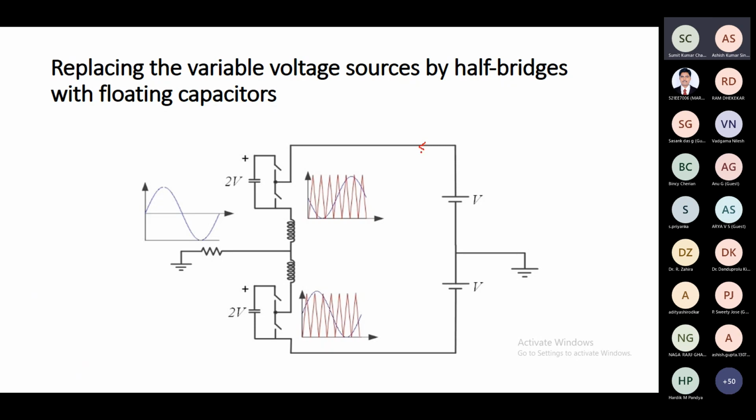Earlier we saw the AC component of the current getting distributed like this. Now in addition to that, as the capacitors are discharging, a DC component of current will start flowing. So this arm will have both AC and DC components of current.